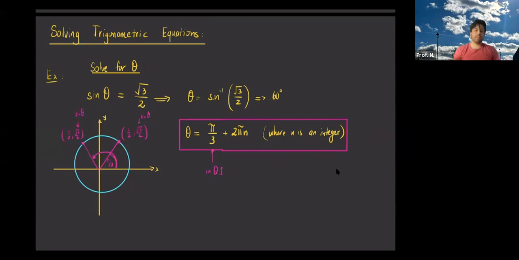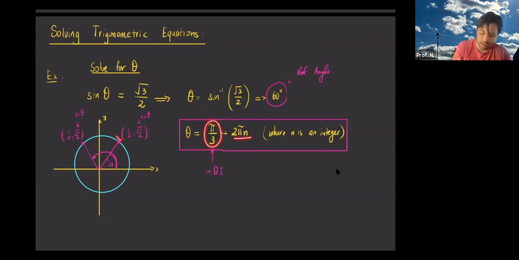This kind of comes back to that problem that we did where we had to find the reference angle, which is 60 degrees. This is my reference angle. And again, this is in the first quadrant.